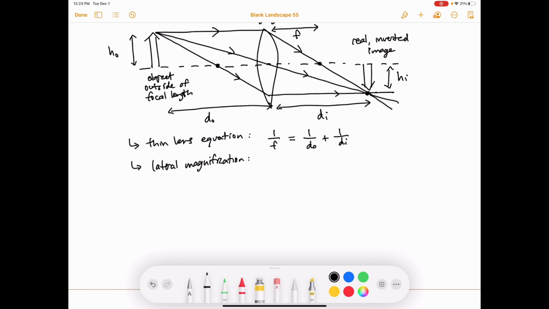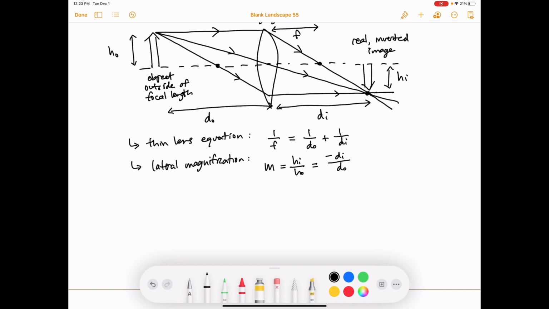So we have lowercase m equaling HI divided by HO. It turns out that ratio of the image to the object height is also equal to the ratio of the image to the object distance, except there's a negative sign out there to make sure our conventions work out.